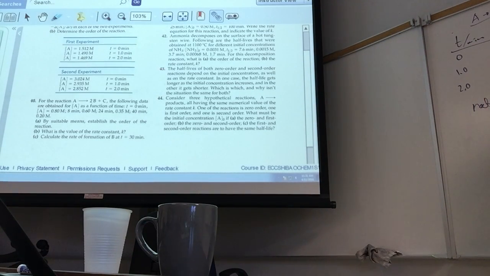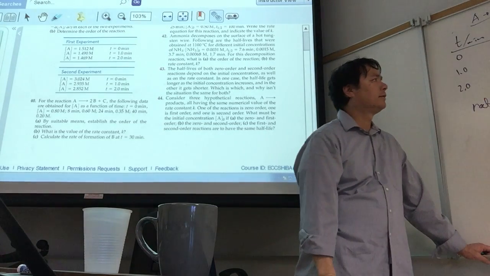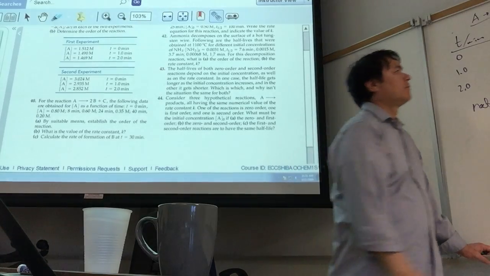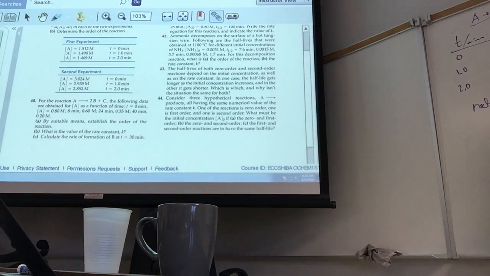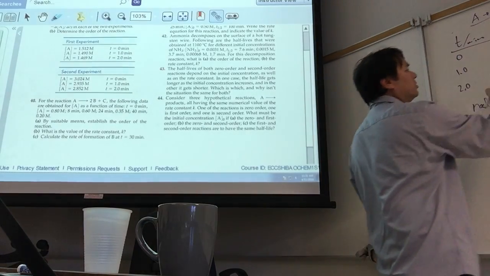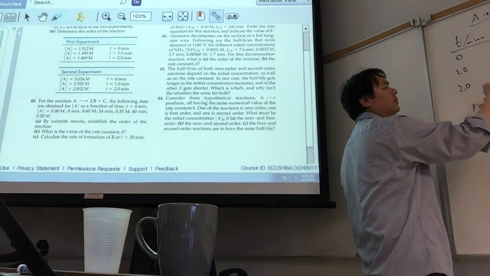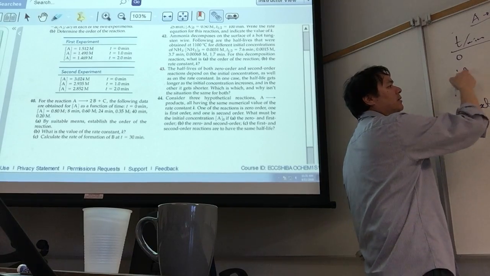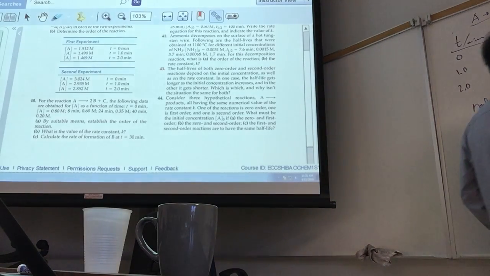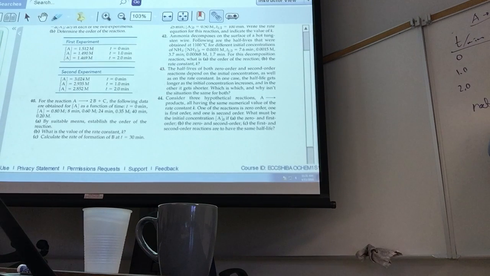0.022 molar per minute. Okay, that's for the first segment. All right, then let's take a look at the second segment, that is K2. So this will be my final, that would be my initial. And the time interval would be 1 again. And so this is going to be 1.469.